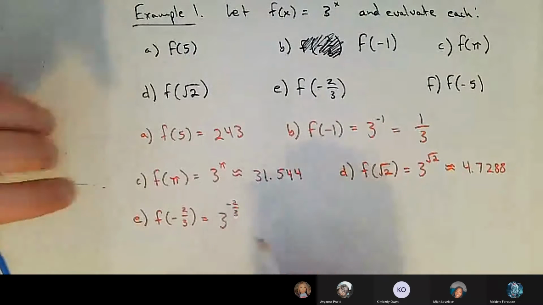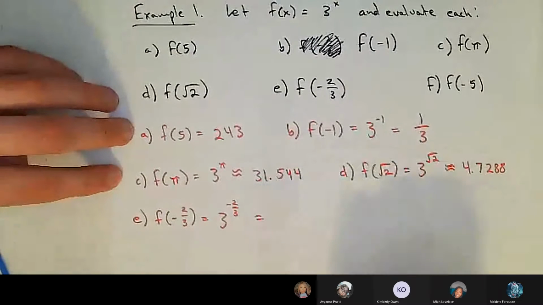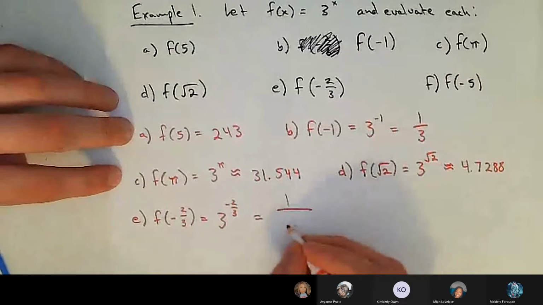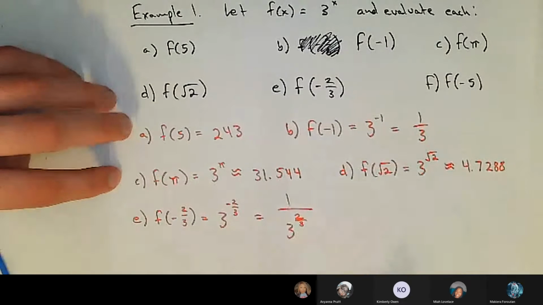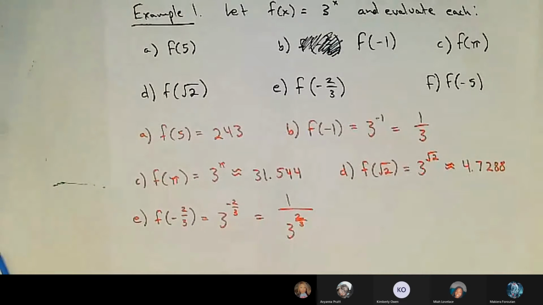The negative up there tells me I need to do 1 over 3 to the 2/3, just recalling my exponent rules dealing with negative exponents. So that's 3 to the 2/3 down here. The negative has been used up to flip it to the bottom.